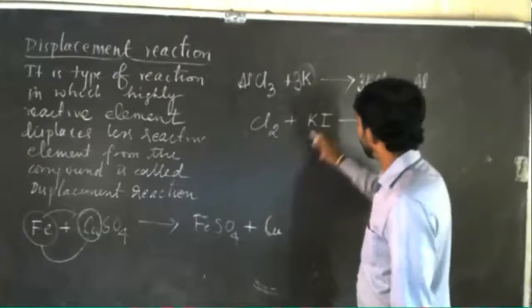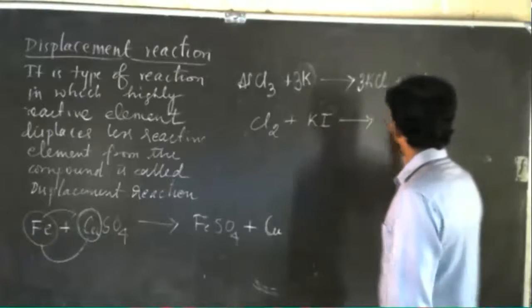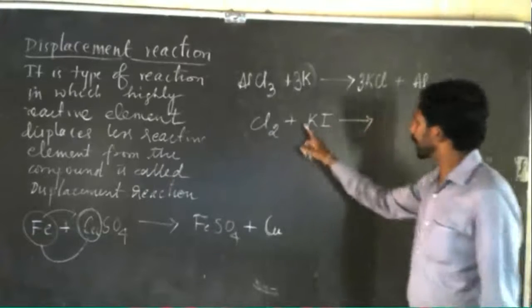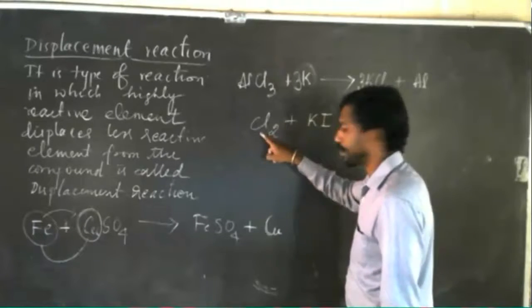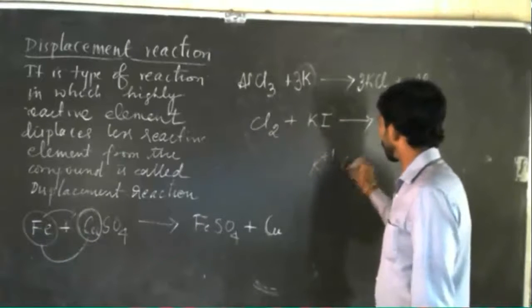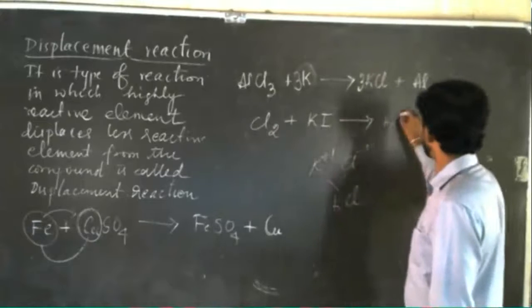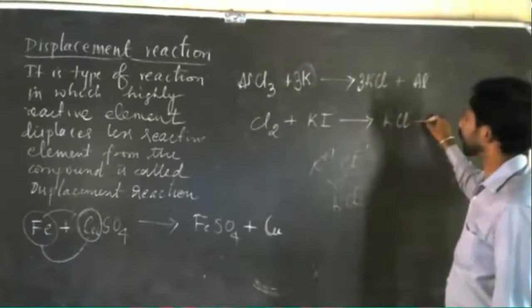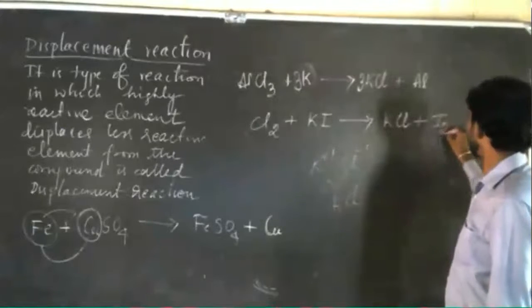Say chlorine. In this case, chlorine will displace iodine. What happens? Chlorine displaces iodine and it bonds with the potassium.